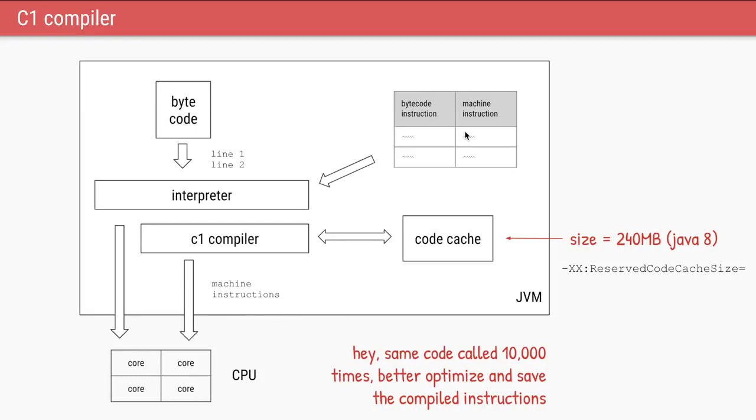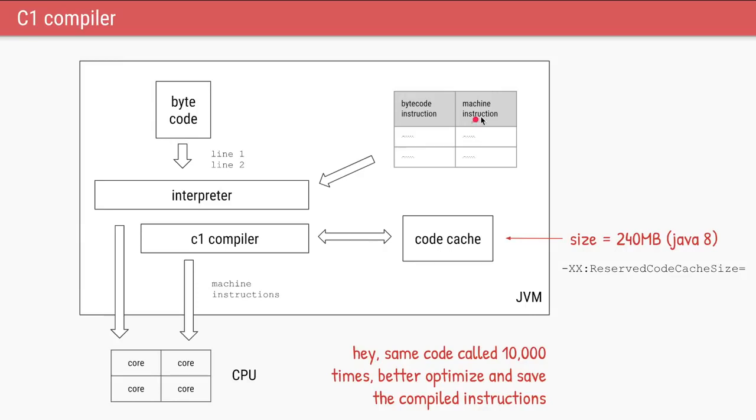And while we are at it, let's optimize the code a little so that the compiled code runs faster than the interpreted code. And that's the job of the compiler called the C1 compiler. The C1 compiler will take the snippets of code which have been run 10,000 times by the interpreter.